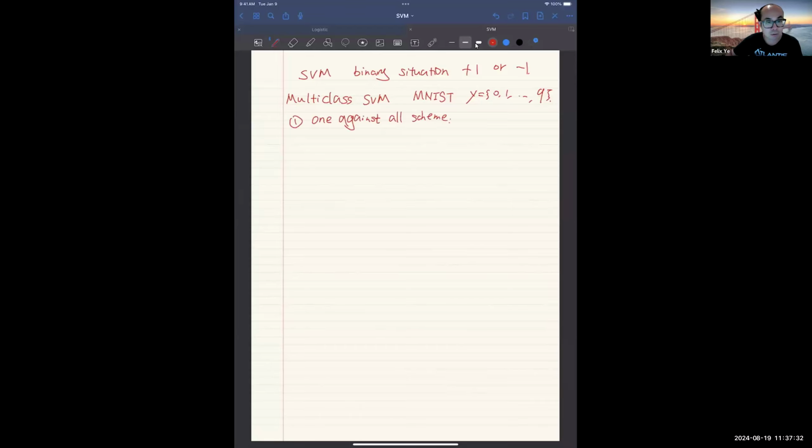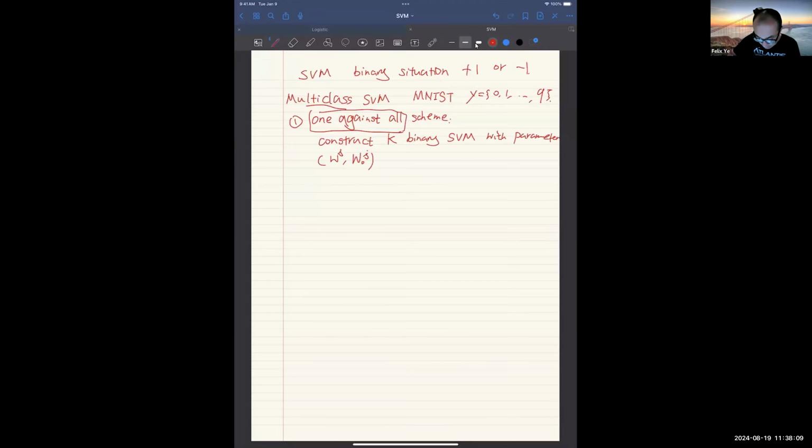Basically, what we do is we construct K binary SVMs, if it is multi-class with K different classes, each with its own parameters, for example WJ and W0J. So what is one against all?